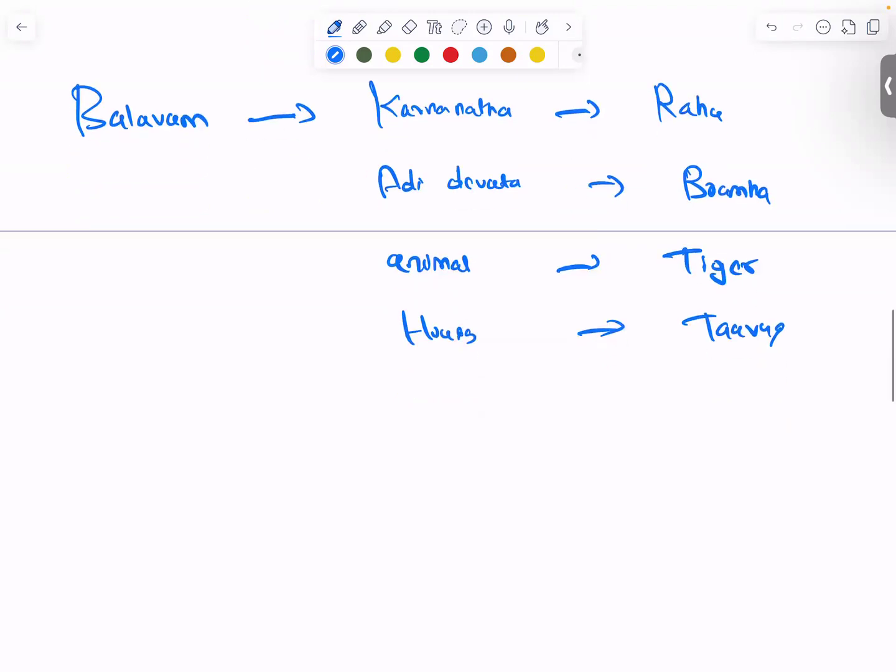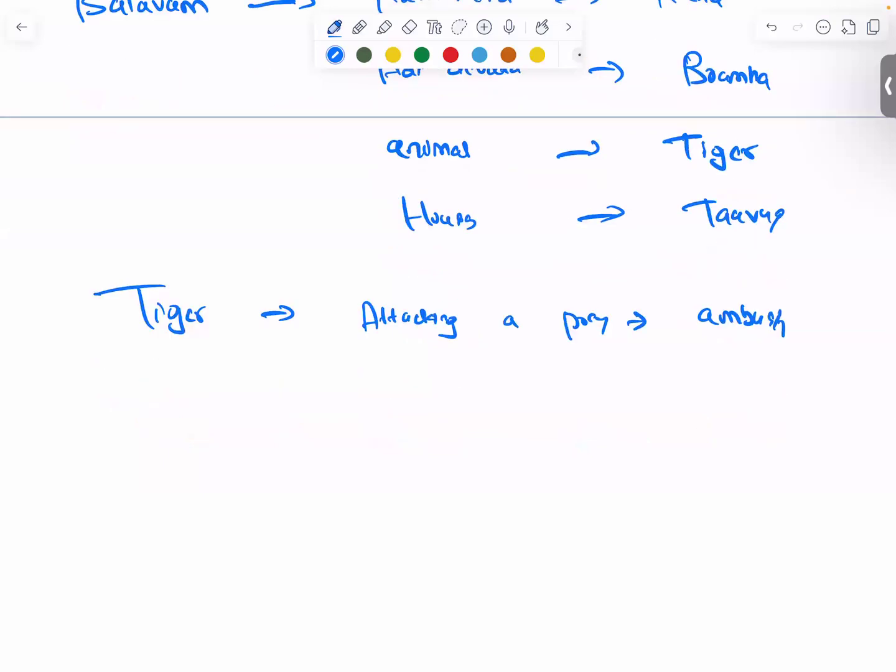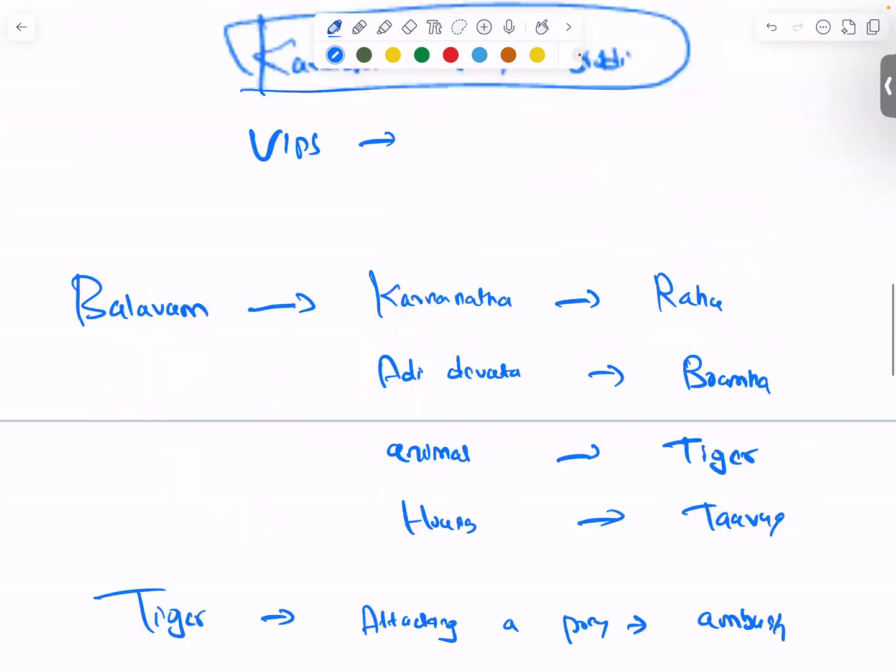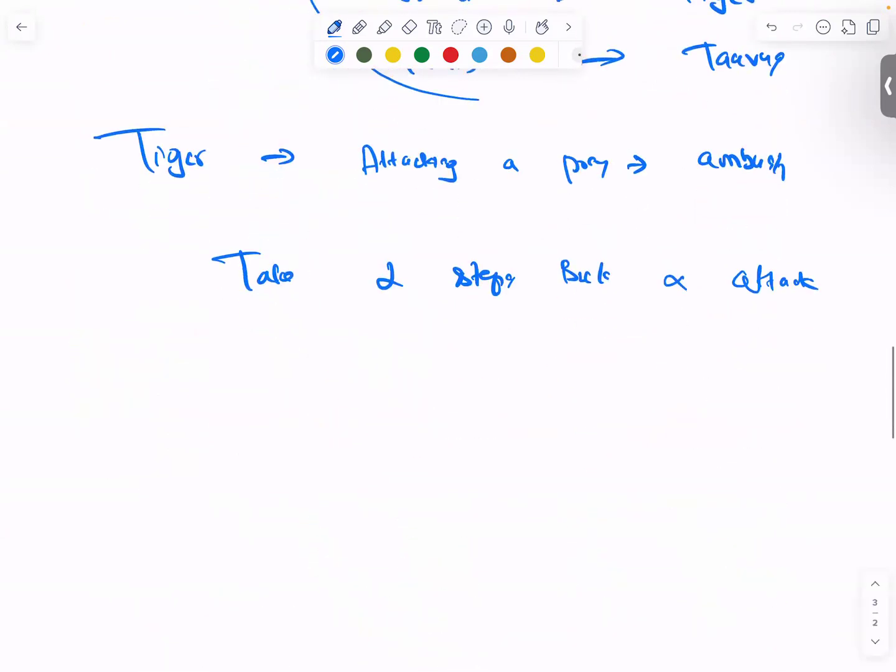If you closely observe the tiger, before attacking a prey, it will ambush. And if you observe, it will always take 2 steps back and then attack. So one simple remedy for these people is to always take 2 steps backward.